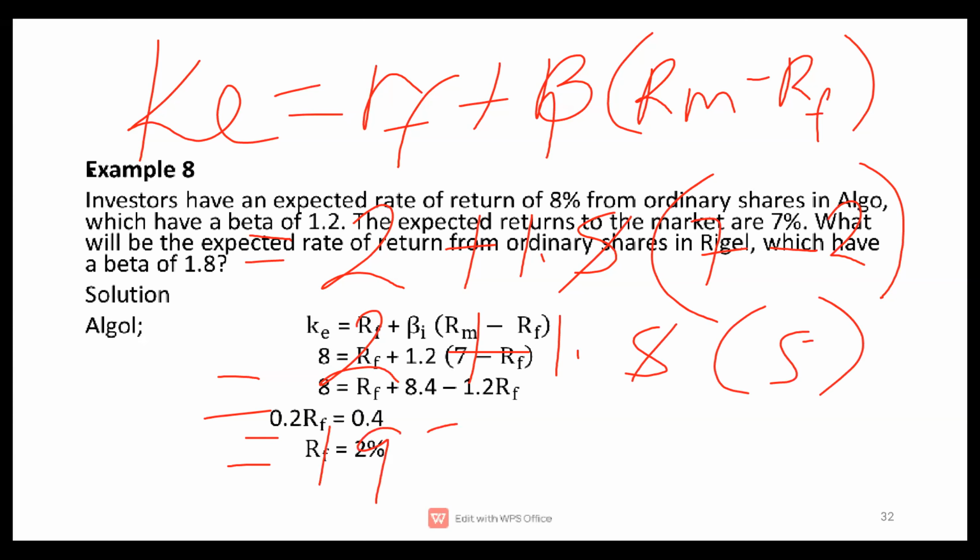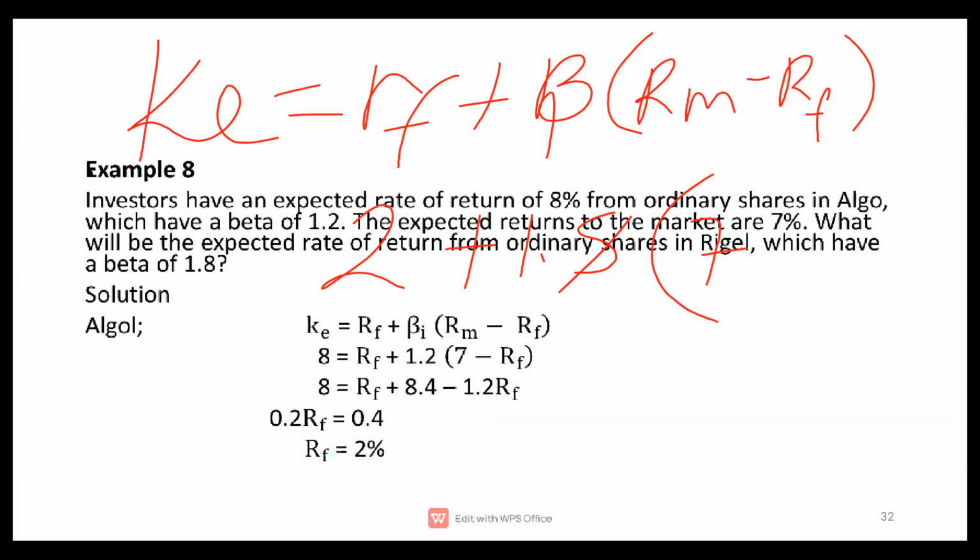Okay. Is everyone finding the same? Is everyone finding 19%? 1.8 times 5 gives 9, plus 2. 11%.